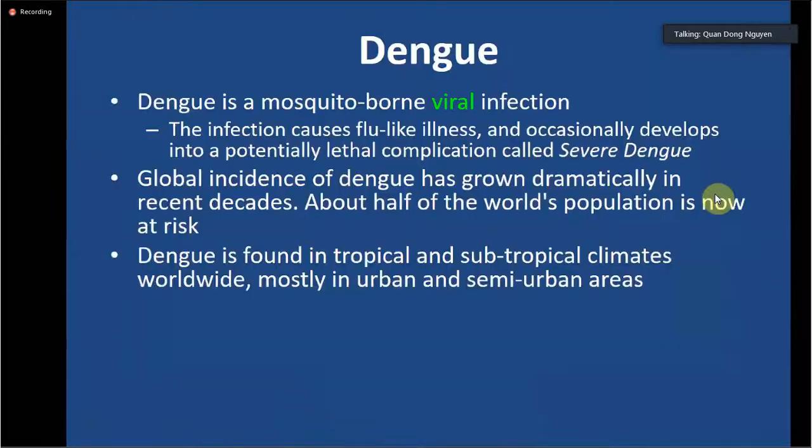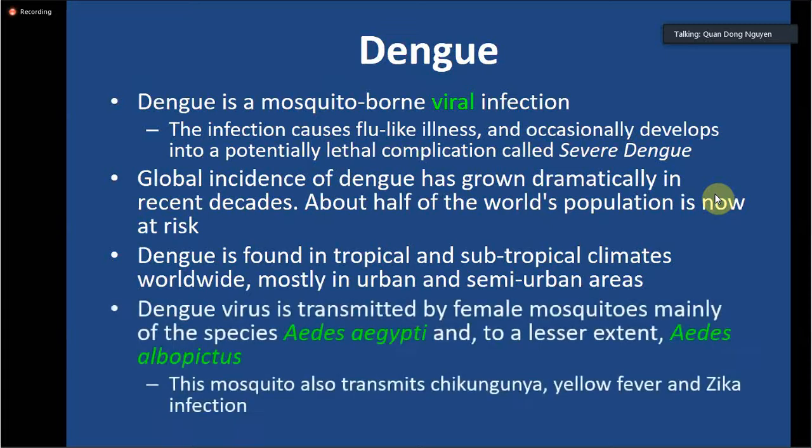So in this case, dengue fever is a mosquito-borne viral infection that can lead to a lethal complication called severe dengue. The global incidence has grown in recent decades, and it's found in tropical and subtropical climates worldwide.